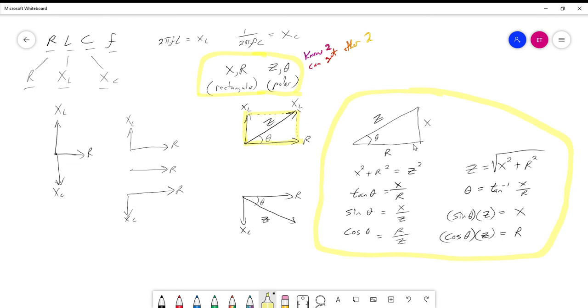That might be it. But that brings in the phase angle for us between voltage and current. Maybe that's a wrap.